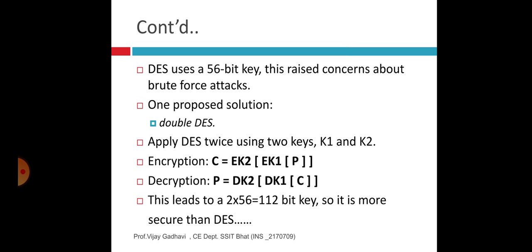As per the equation, for encryption, C equals E_K2(E_K1(P)). Same for decryption, P equals D_K1(D_K2(C)), where C is the ciphertext. This leads to a 2 times 56 equals 112-bit key. So it is more secure than DES.